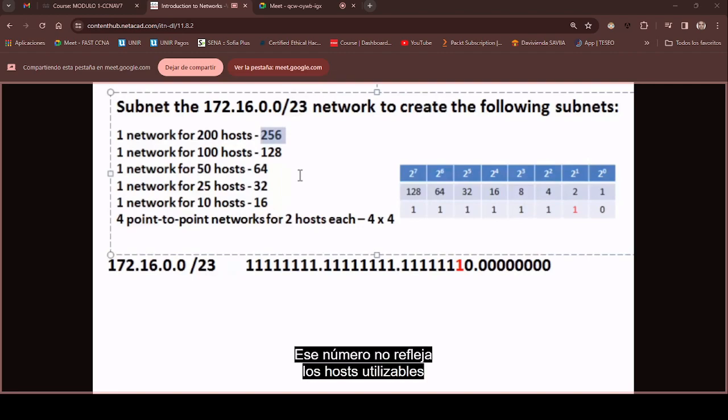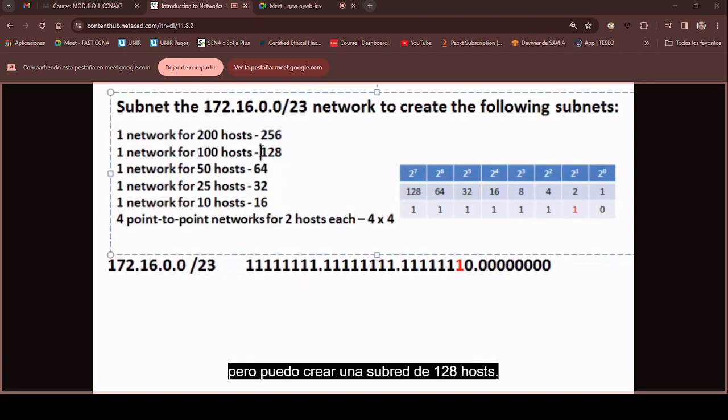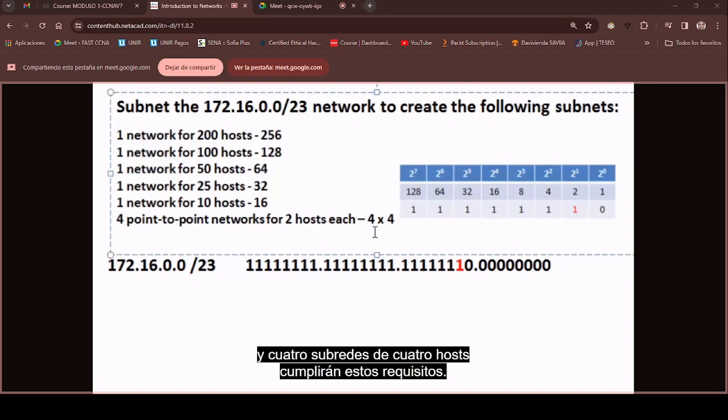That number does not reflect the usable hosts, but the total number of addresses in the subnet. Similarly, I'm unable to create exactly a 100 host subnet, but I can create a 128 host subnet, a 64 subnet, a 32 subnet, a 16 subnet, and 4 host subnets will satisfy these requirements.